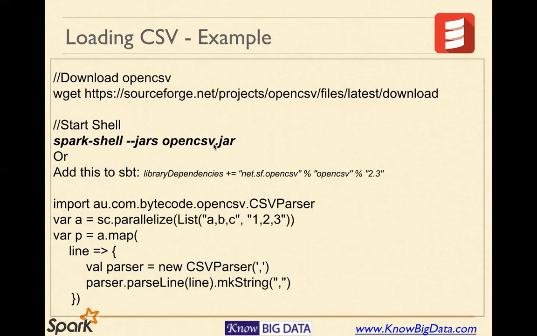Once you have downloaded this jar, pass it on your Spark shell command line, right? You can pass it like this and then import that particular parser. And inside map, instead of saying split, you use this kind of code to properly parse your CSV file.